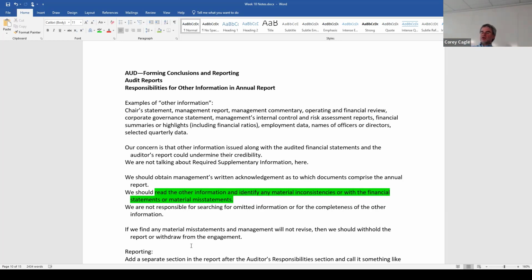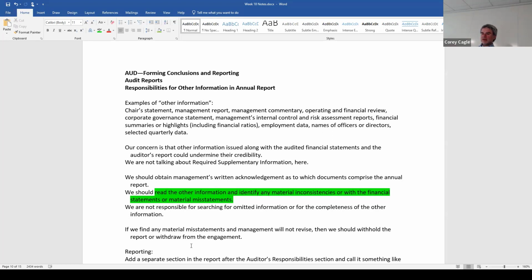Our concern really is that everything that's issued along with the audited financial statements, we don't want anything that could undermine its credibility. So we need to read it, looking for any material inconsistencies or material misstatements.